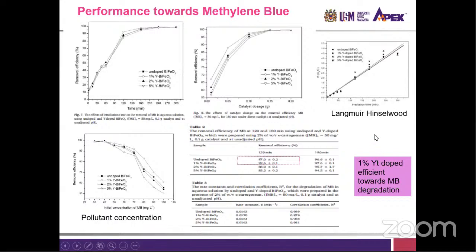You can see here it obeys a Langmuir-Hinshelwood kinetic model, but from all of it, 1% yttrium dope is the most efficient towards methylene blue degradation. For undoped it is about 87% within 120 minutes, but when you add 1% of yttrium, it increases to about 92.6%.